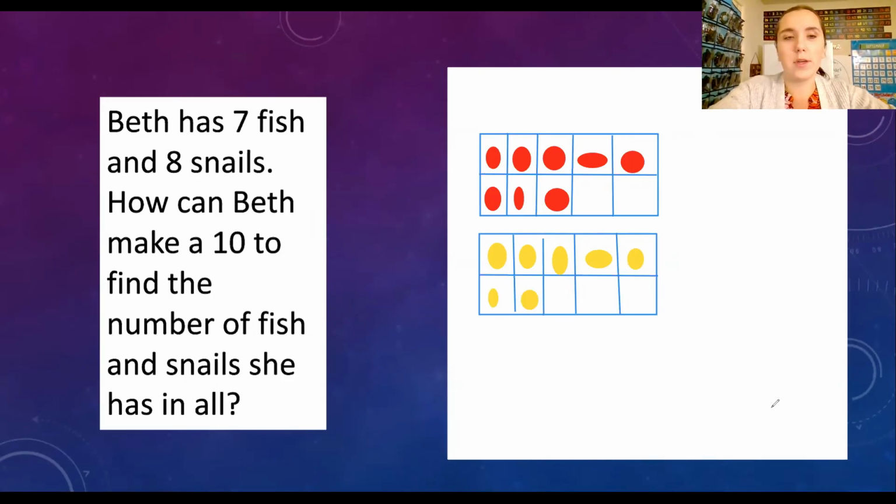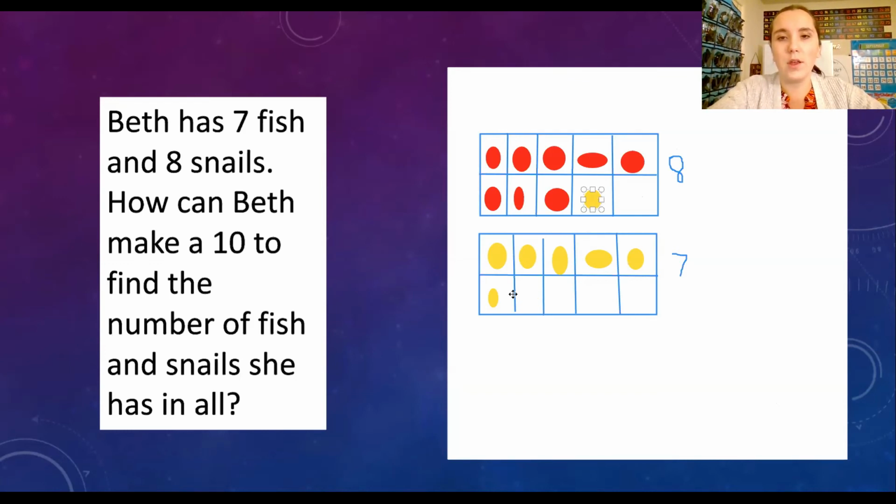Okay, last problem, you guys. It says Beth has 7 fish and 8 snails. How can Beth make a 10 to find the number of fish and snails she has in all? So right now I'm showing 8 plus 7, okay? And the reason I'm putting the 8 first is because that means we have to move fewer counters to do our work. It just makes it easier if you put the bigger number on the top 10 frame. You can do it either way though. So we have 8 plus 7. Now, how many counters do we need to move from the bottom to the top to make a 10? 2.